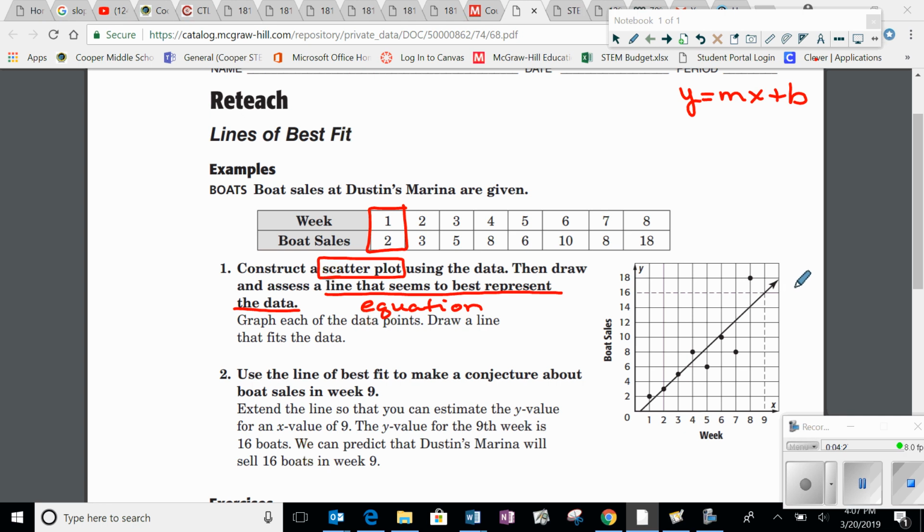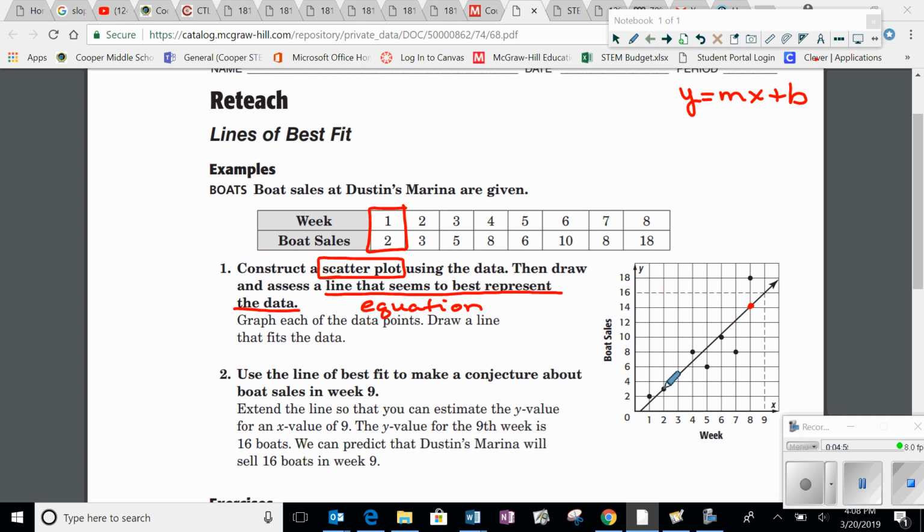In order to find the slope, I need to find 2 points that are on the crosshairs, and I'm going to find the slope using the slope formula. I'm going to use this point right here. And let's find another one that's right on the crosshairs. Sometimes you'll find one, and sometimes you won't. In this case, we don't quite find another point. However, I do know what this point is.